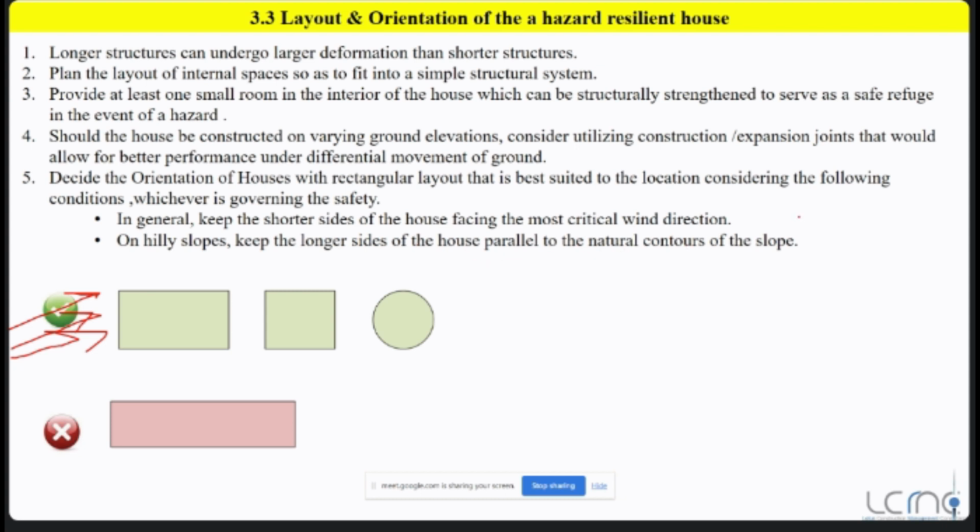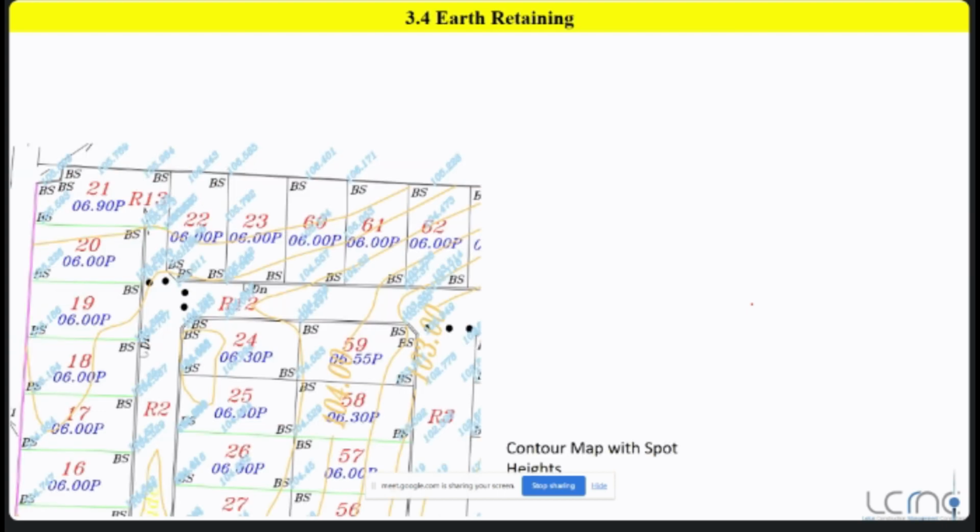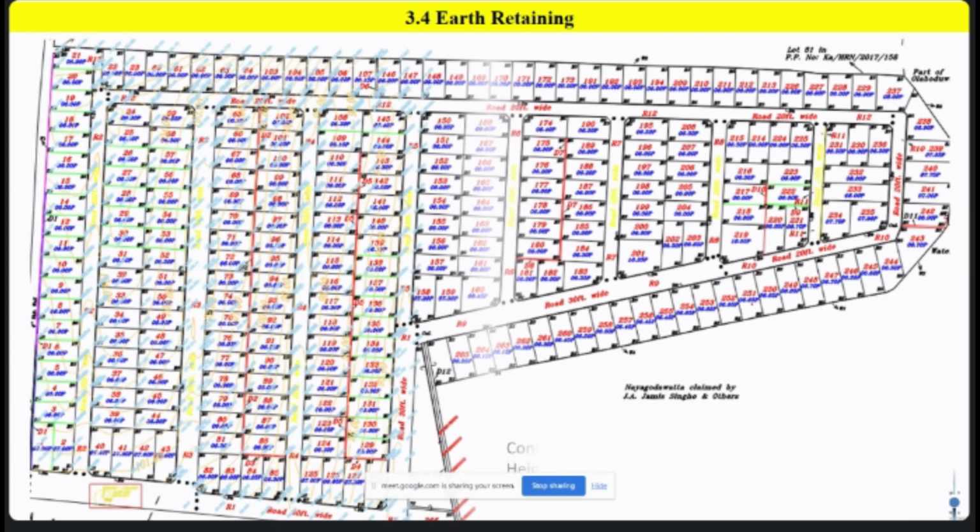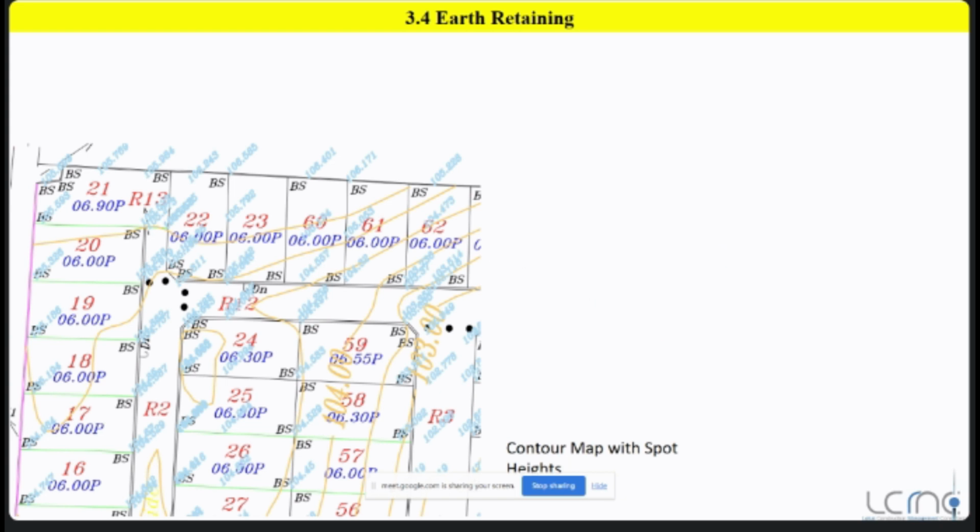Okay, number two: on hilly slopes, keep the longer sides of the house parallel to the natural contour of the slope. For example, this is a contour map. A contour map shows the levels of the existing ground, and you can project the terrain from it.